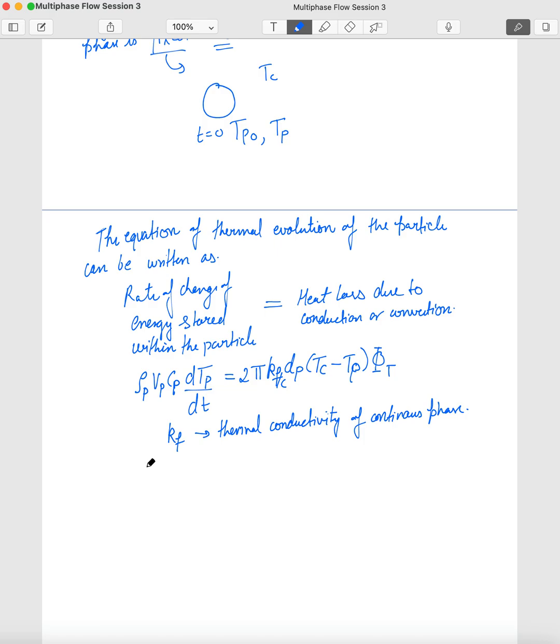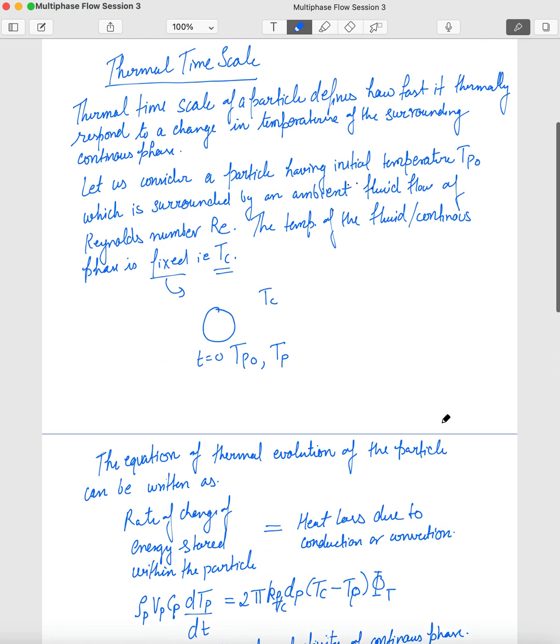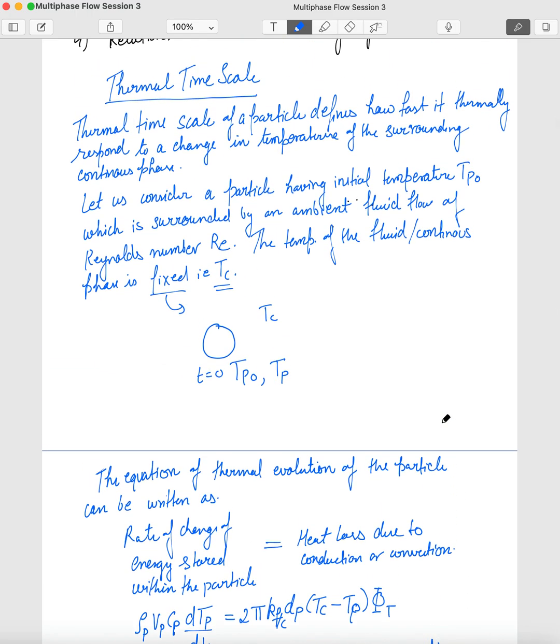Here phi t is actually the correction factor for finite Reynolds number. Okay, so basically as of now we are considering a finite Reynolds number, we are not considering a zero Reynolds number.